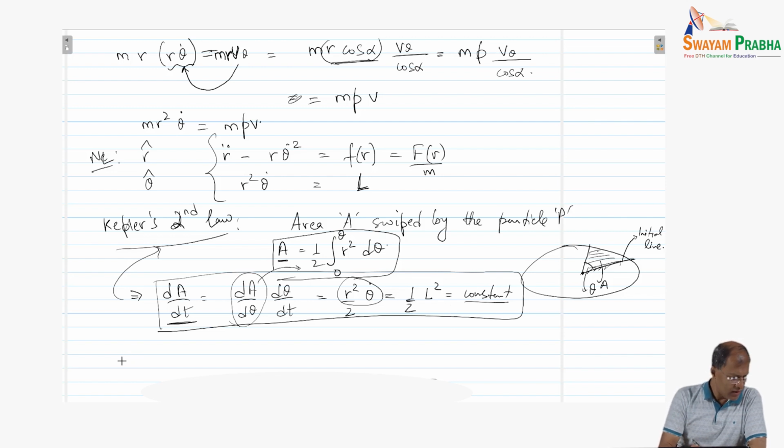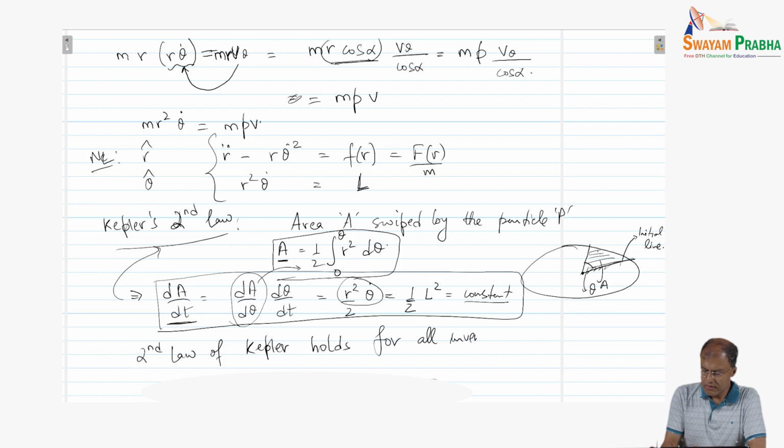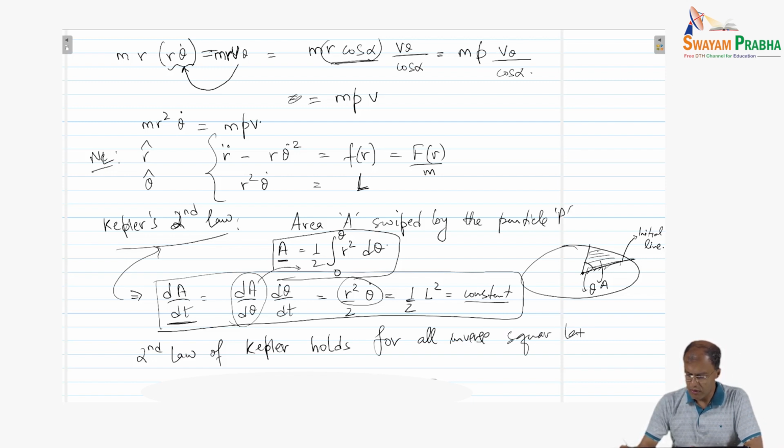What we have said is that the second law of Kepler holds for all inverse square laws. Central field is one of them. So that's a more generalized form of the second law.